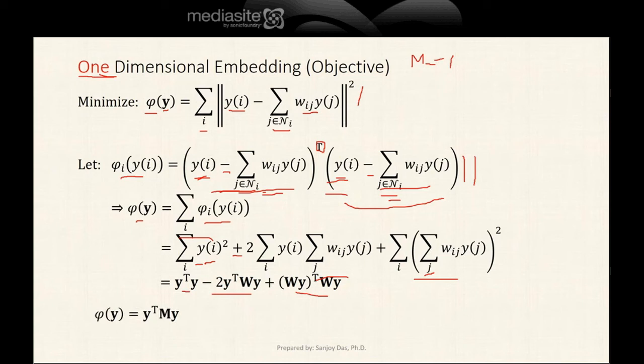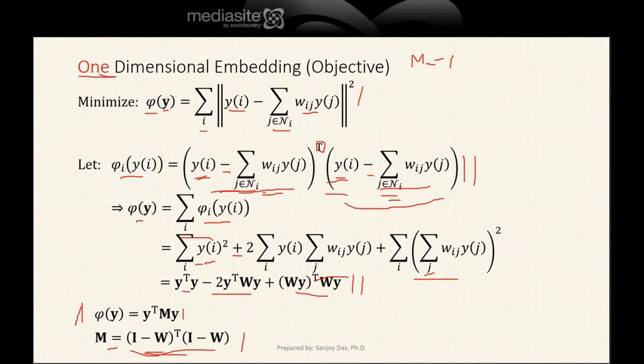So let's say that phi of y, which was this expression, is equal to y transpose M y. Then M is defined as this matrix here, I minus W transpose times I minus W. So if M is equal to this expression, then phi of Y is equal to Y transpose times I minus W transpose I minus W times Y, which reduces to this expression here.